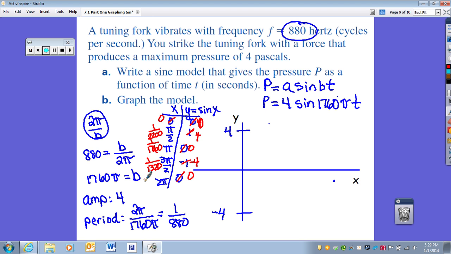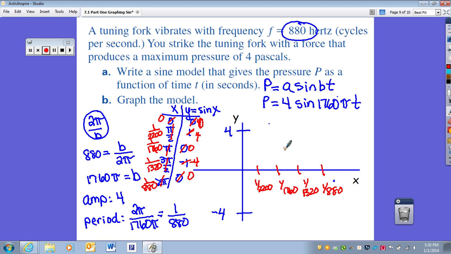And this is going to be 1 over 880. Now, to graph those, we simply divide our graph into those 4 sections, and then we go ahead and graph. So, this is going to be 1 over 2200, 1 over 1760, 1 over 1320, and 1 over 880.